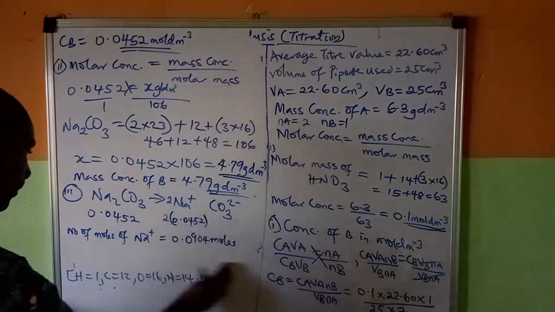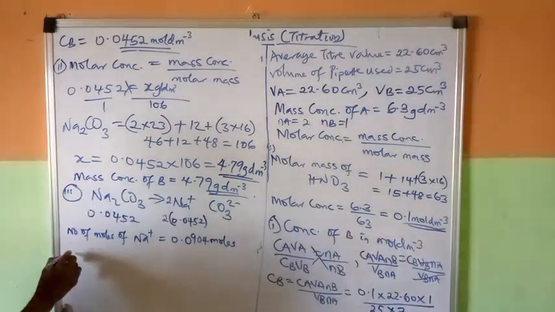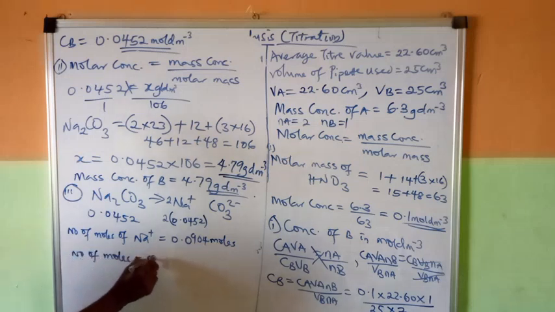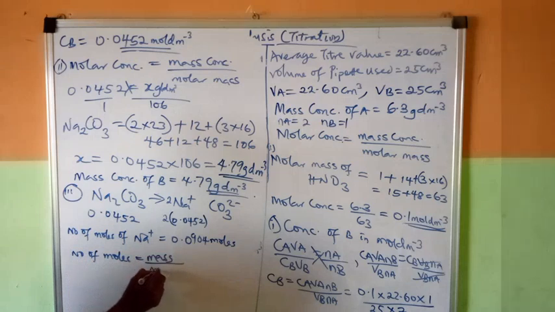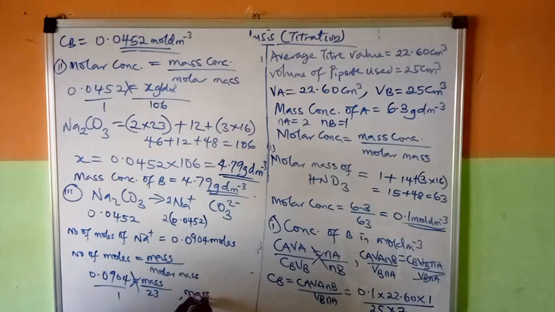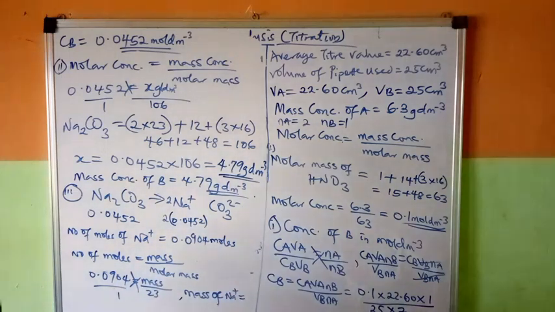Okay, so I'll just say number of moles equals mass over molar mass. Therefore, 0.09 equals mass over 23. So I'll cross multiply. If I cross multiply, the mass of sodium ion will be 0.09 multiplied by 23.